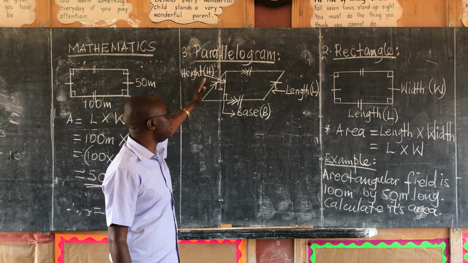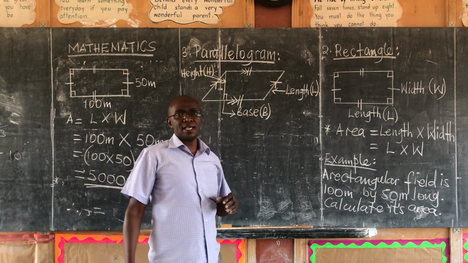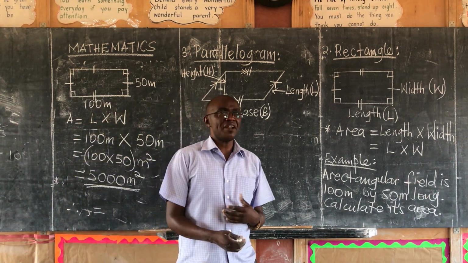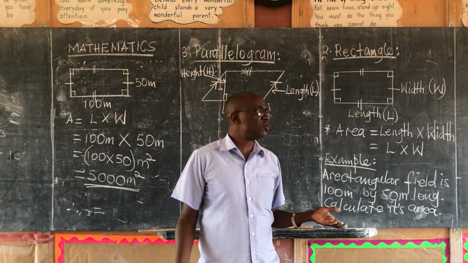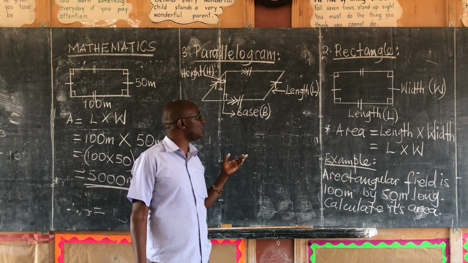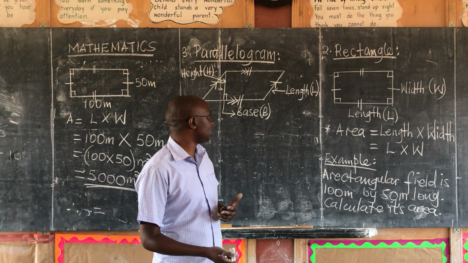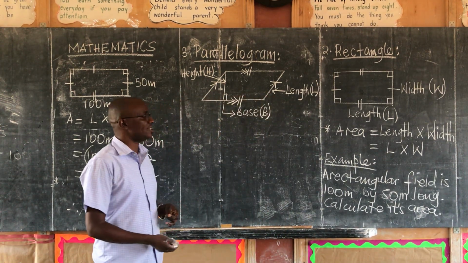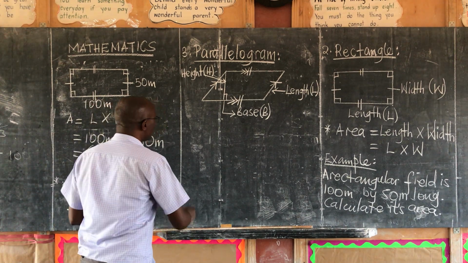Even this other side is equal to this other side. Some people call it a slanty rectangle. Why? Because a rectangle has two opposite sides equal, and a parallelogram also has two opposite sides equal. The only difference is that the parallelogram is slanting, yet a rectangle is not slanting. So now, let us go to the area.